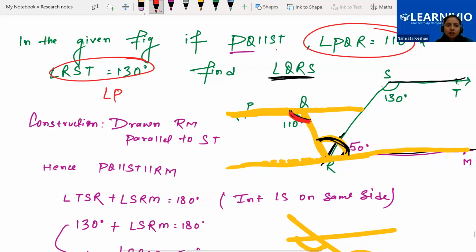Let me wipe this yellow colored part. If you are taking it like this, I'm showing you why we cannot take it like that, and let's check it over here.